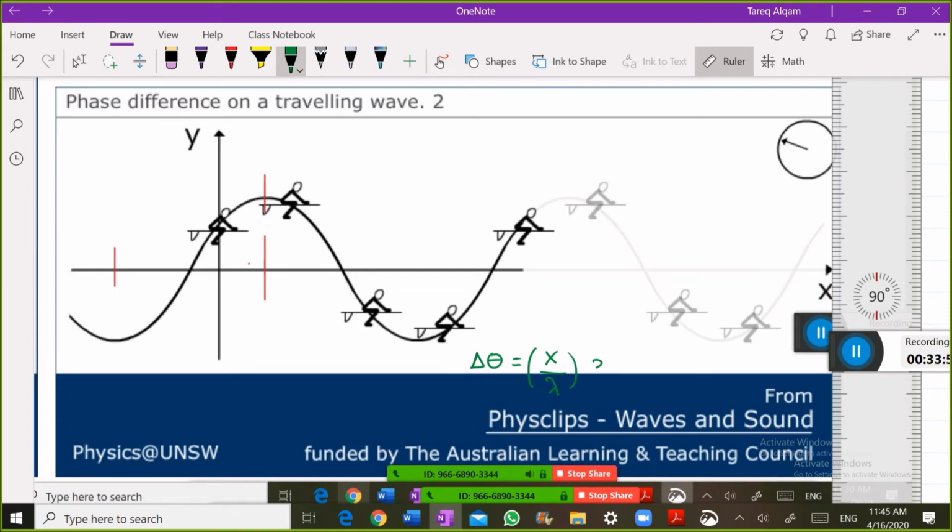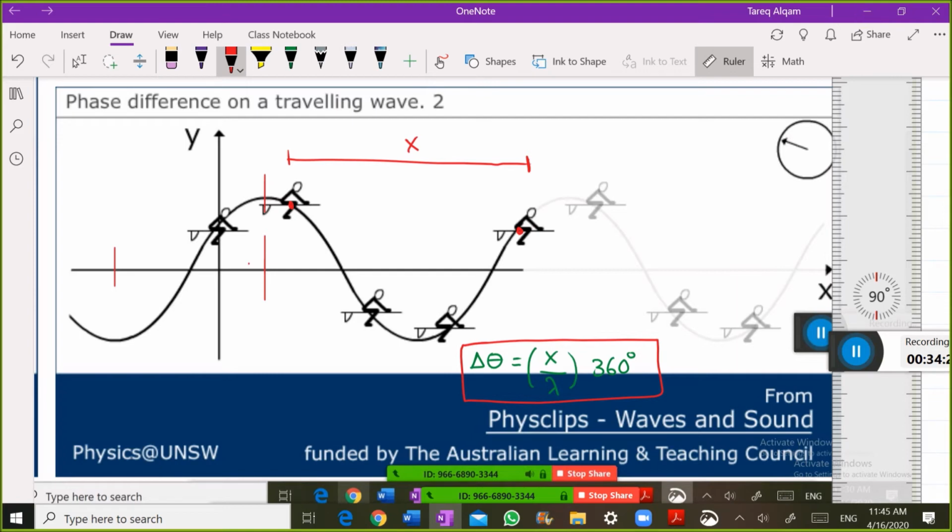We have to do something like this. Is that clear, guys? If I want to consider this point with this point, I have to find first of all the shift here, x. Then I divide this shift by the wavelength and multiply by 360. This is how we find the phase difference in progressive waves.